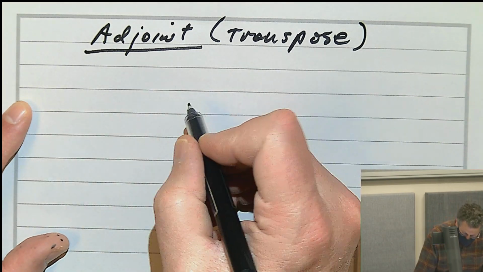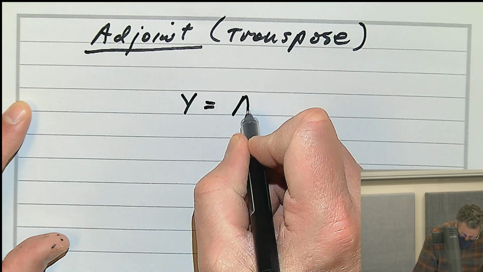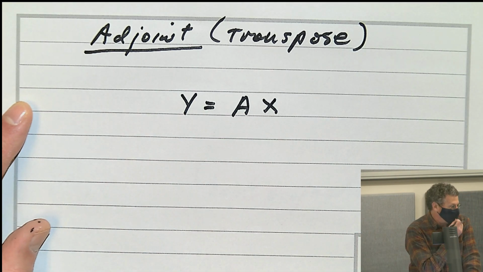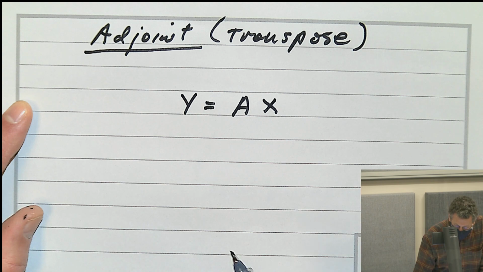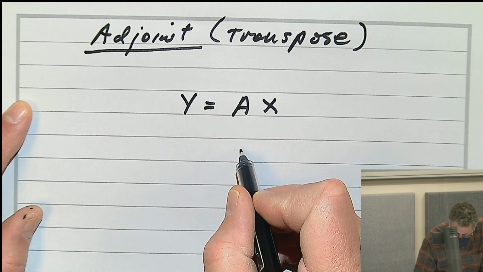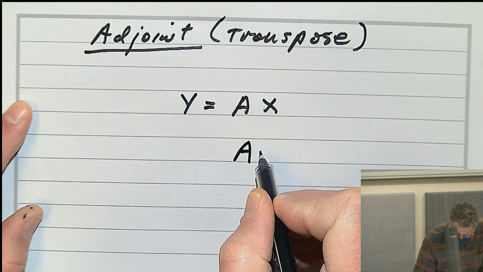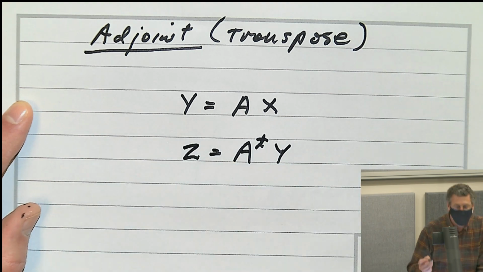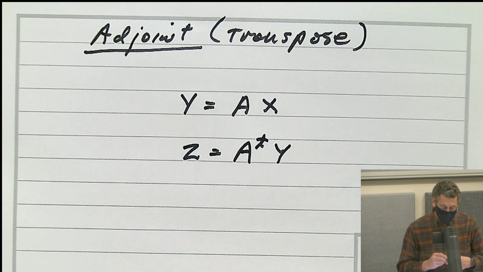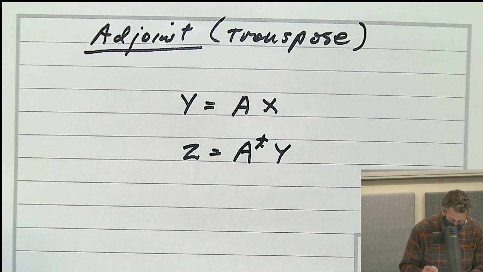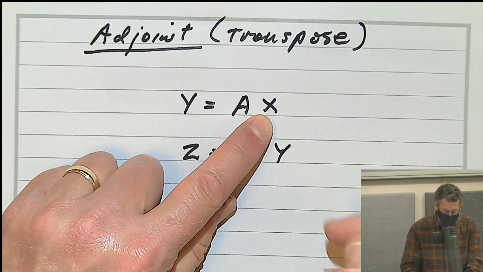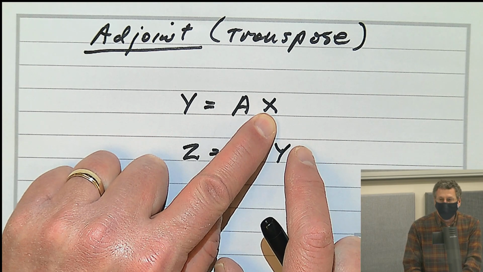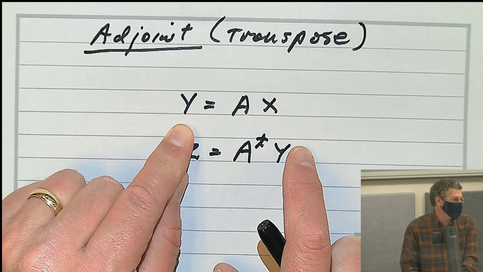So when you have y equals Ax, everybody knows that the adjoint is the transpose, right? So the adjoint, you say, A transpose y equals something. The point is this: A is an operator. It takes inputs from its domain and produces outputs in its range.